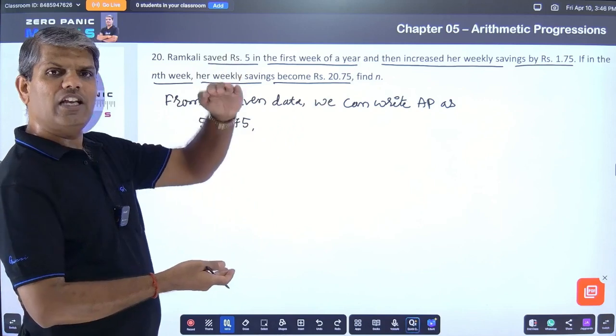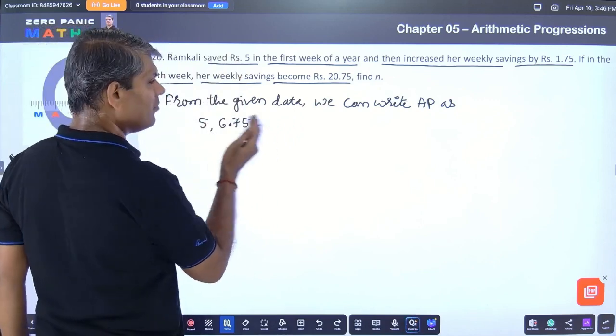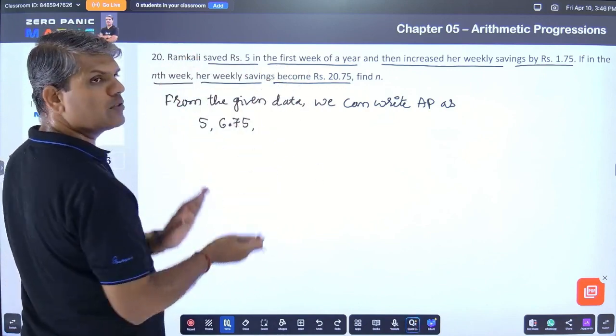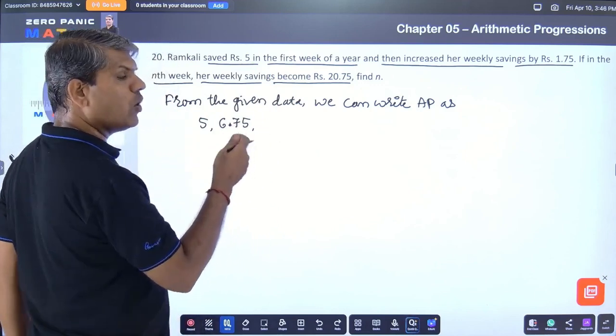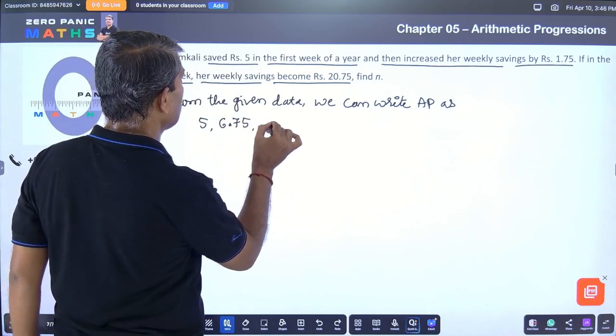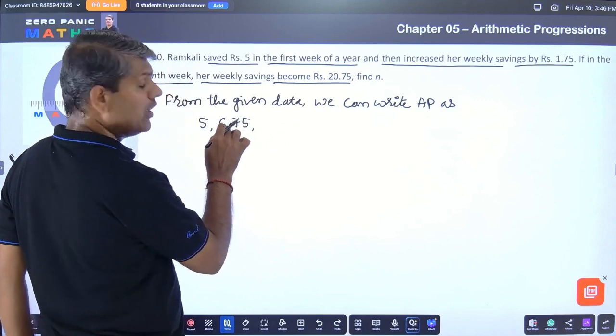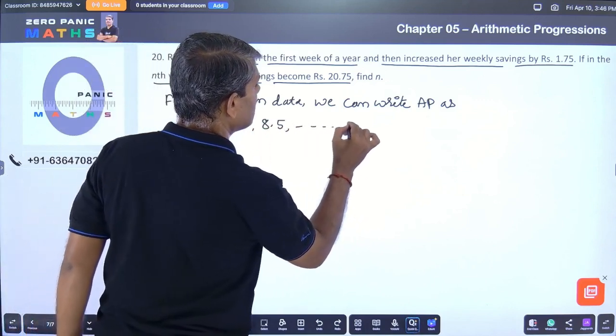That detailed information also you can write, that is your wish. So I'm writing with the given data. Add one more 1.75 to this, so it is 7.75 and then 8.5, and so on.